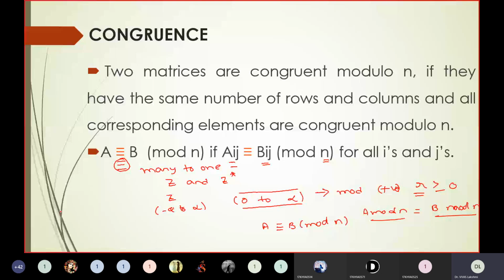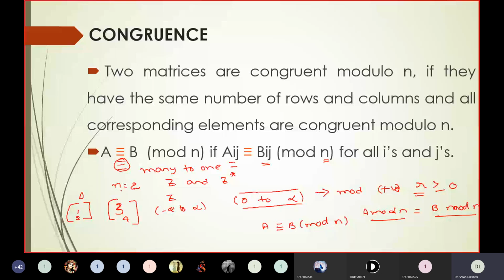So here this is the matrix 1, 2. This is A. Here is another matrix, 3 and 4. Suppose for example the n value is 2. Then we perform the individual mod operation on each and every element.